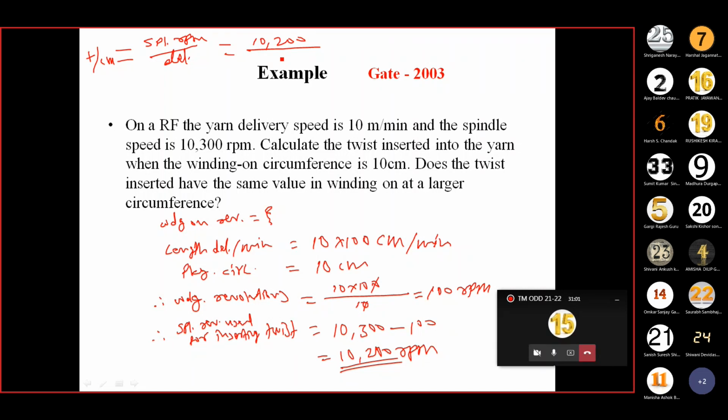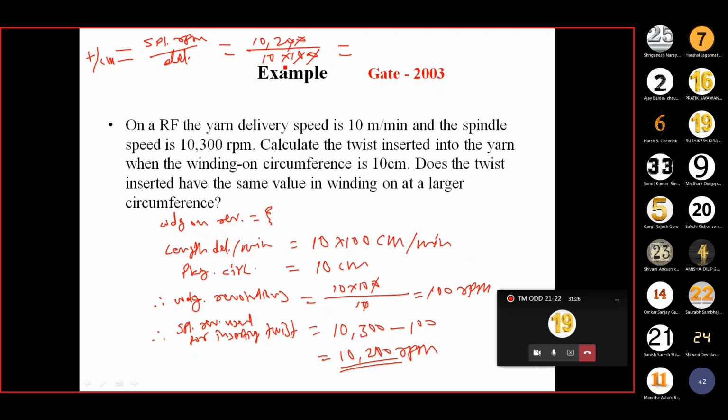How much is it? 10 into 100, because we have to take it in centimeter per minute. So when you do this calculation, this 0 will go, this 0 will go.